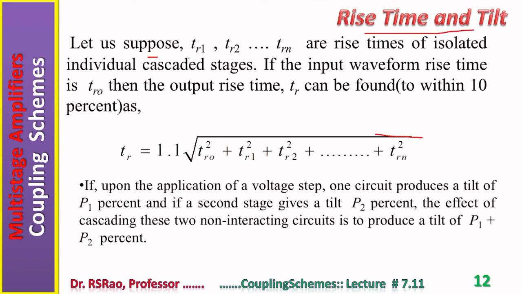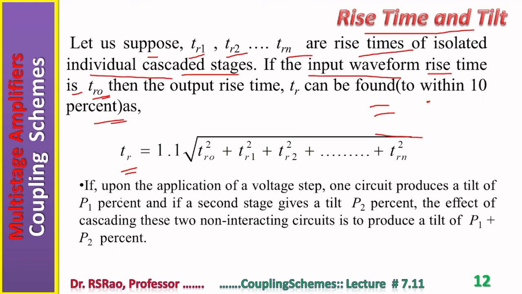Let us suppose TR1, TR2, TRN are rise times of isolated individual cascaded stages. If the input waveform rise time is TR0, then the output rise time TR can be found to within 10% as TR is equal to 1.1 square root of TR0 square plus TR1 square plus TR2 square plus etc. TRN square.